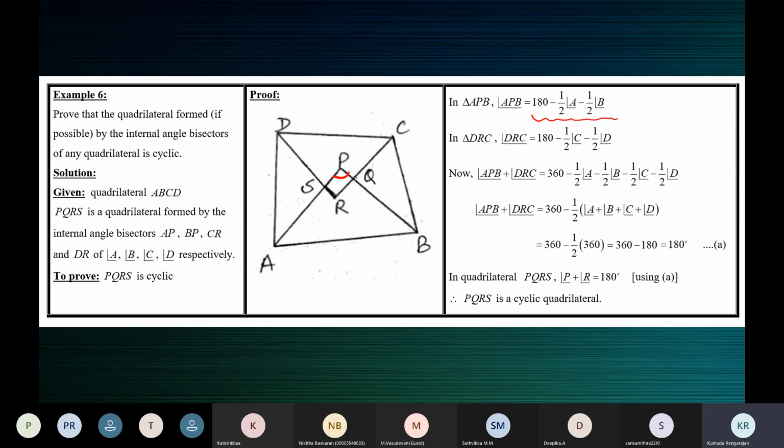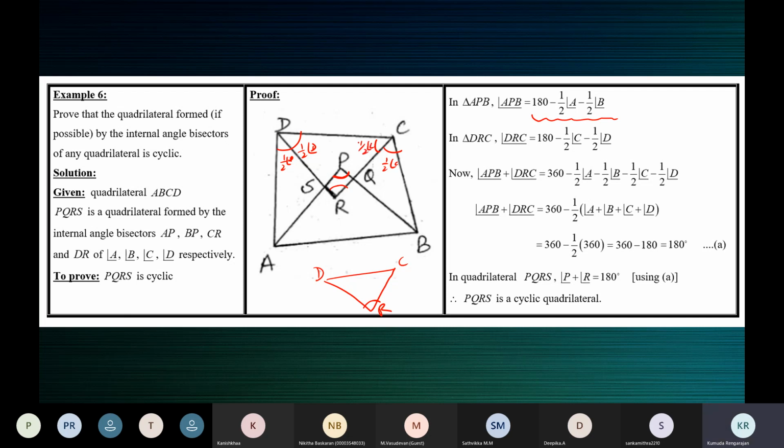Next is to find the expression for angle R. Angle R is in triangle DCR. As you see here, angle D is bisected. This is half of D, and this is half of D. Here, half C, because angle C is bisected.